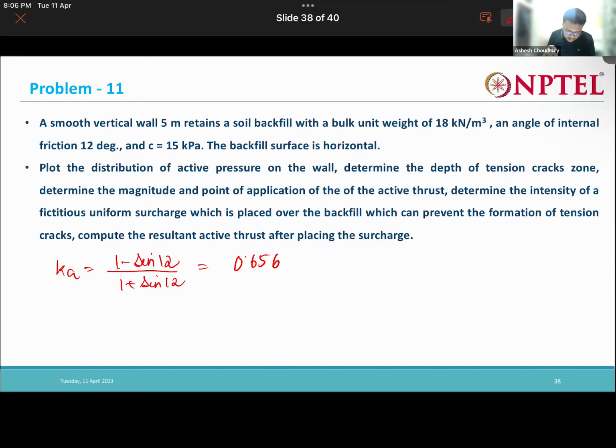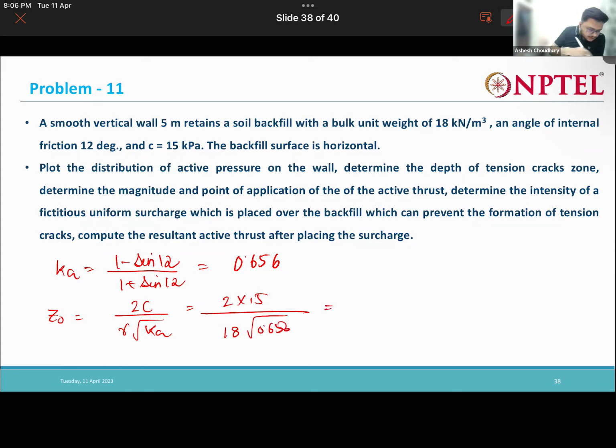So first let us determine Z naught here. What is Z naught? 2c by gamma root over K. Please find it out. 2 into 15 by 18 root over 0.656, it is 30 divided by 18 into root over 0.656, which is 2.06 meters. So the wall is 5 meter.